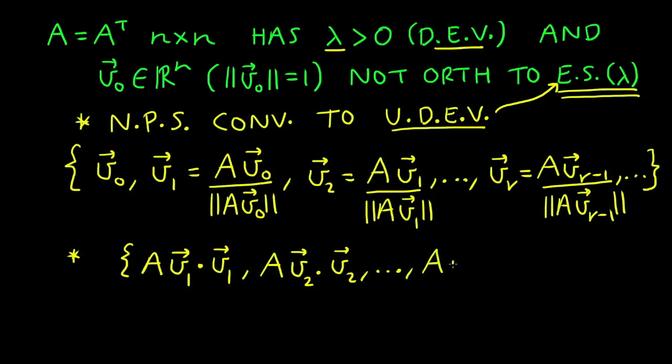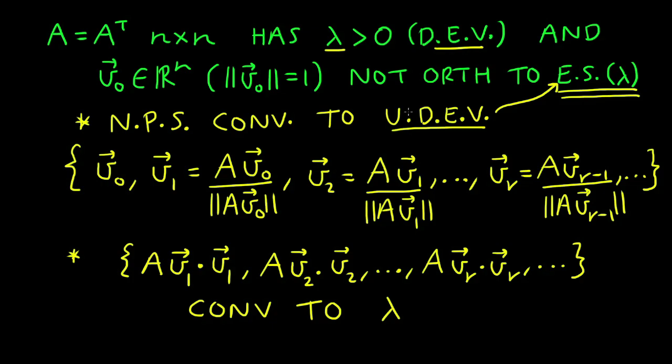And then we have AvR dot vR, and so on. So this sequence converges to the dominant eigenvalue.